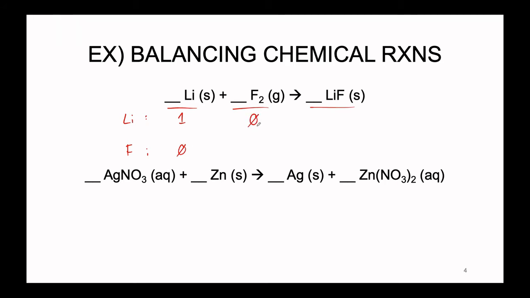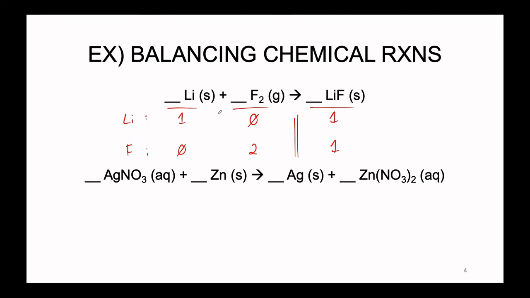We have no lithiums and 2 fluorines in our second species, and 1 lithium and 1 fluorine in our third species. Now this equation is a little bit more straightforward to balance because we have pure substances on the reactant side. So it's a little bit easier to parse out and scale up and scale down. You'll see what I'm talking about in a second.